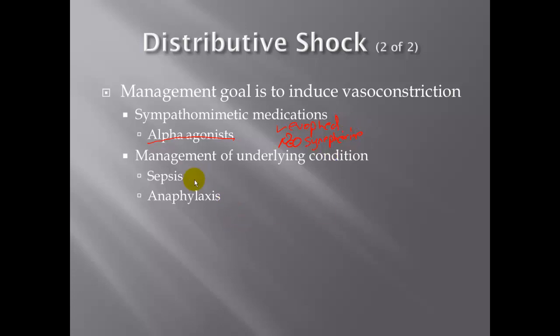Management of underlying conditions: sepsis and anaphylaxis. In the patient with sepsis, broad-spectrum antibiotics should be utilized to get ahead of the bacterial infection. In anaphylaxis, stop the histamine release, and for patients that are refractory, get ahead of the containment issue in the vessels.